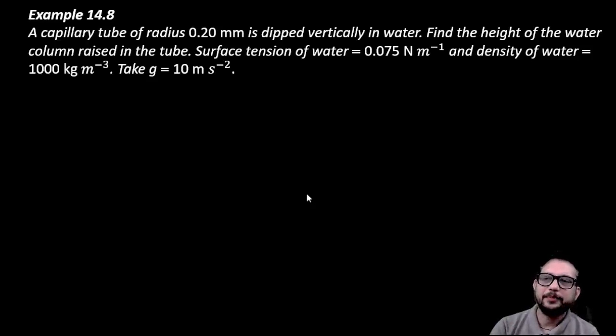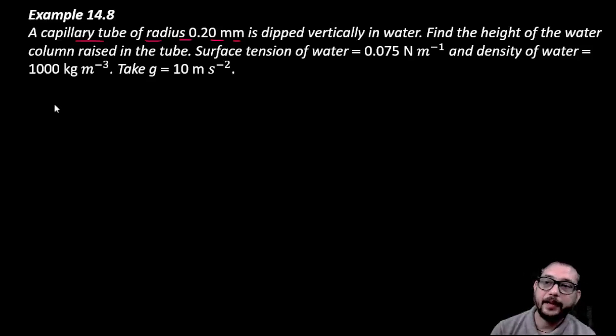This is your example 14.8 from the book written by Padmashri S. Verma sir, and the book name is Concepts of Physics. So in this question, we are given a capillary tube, and the radius of that tube is 0.20 millimeter.